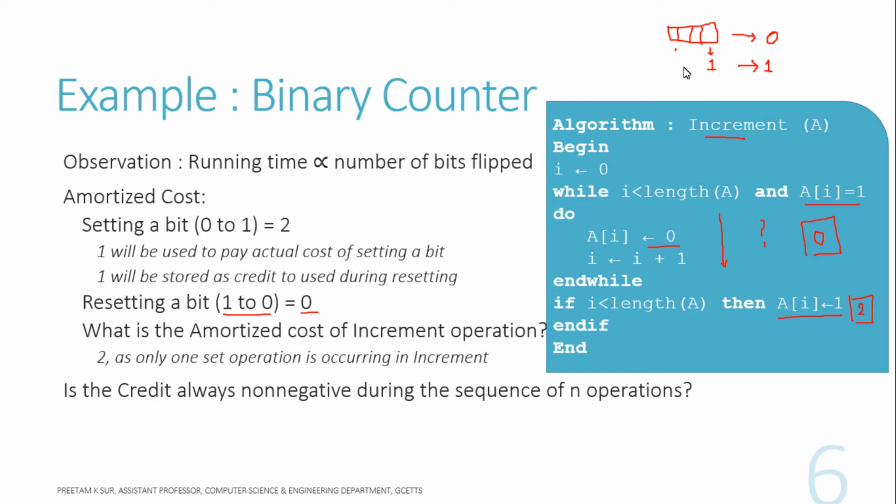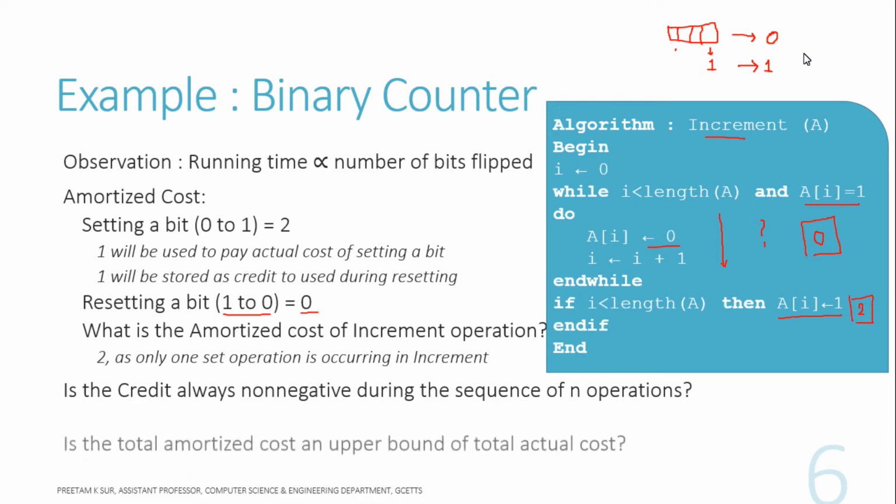You can understand that any of the bits over here can be either 0 or 1, or in other terms, there will be no negative number of ones. So since there is no negative number of ones, this credit can always be either 0 or positive. So the credit is always non-negative during the sequence of n operations.